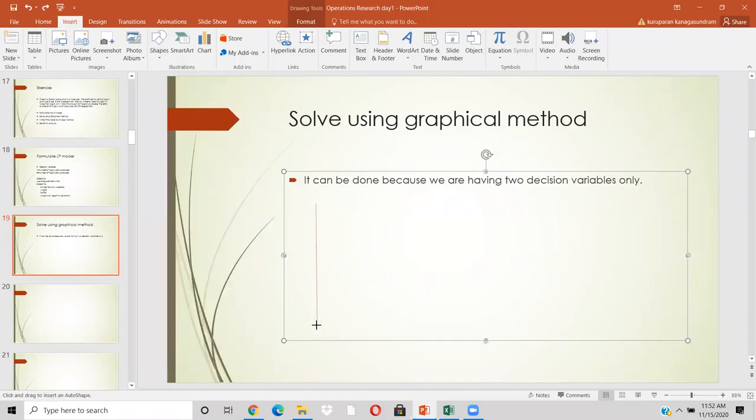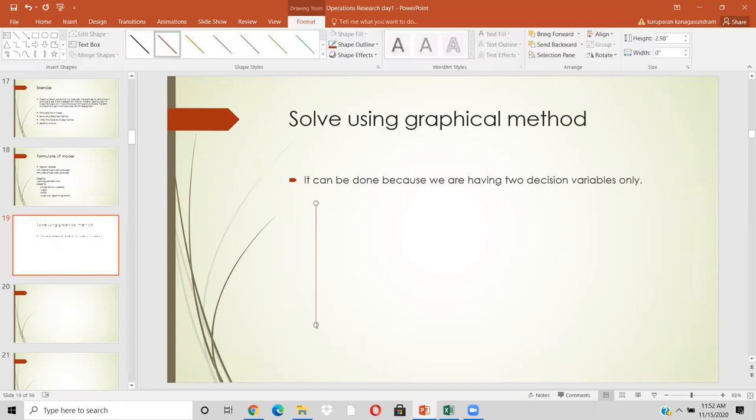There will be two axes. Initially, first draw two axes.